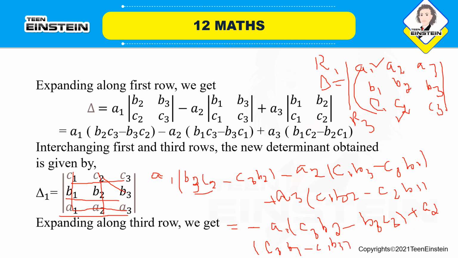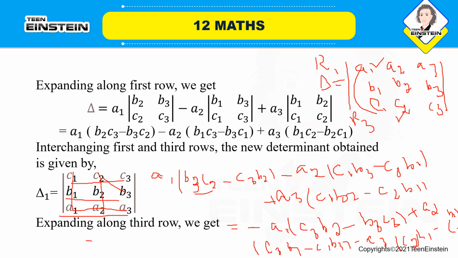Then in the third term I'm taking minus out, so it becomes minus A3 into C2B1 minus C1B2.